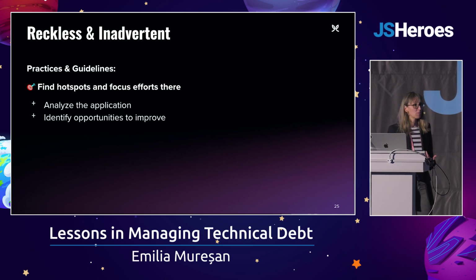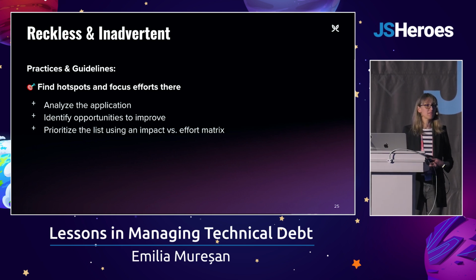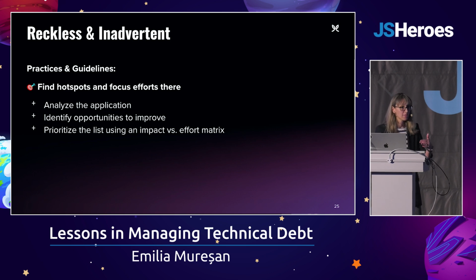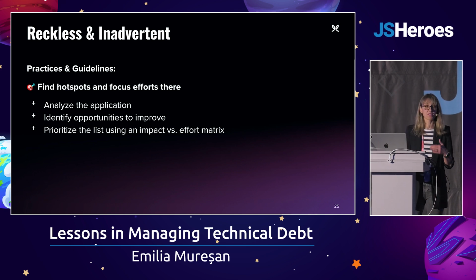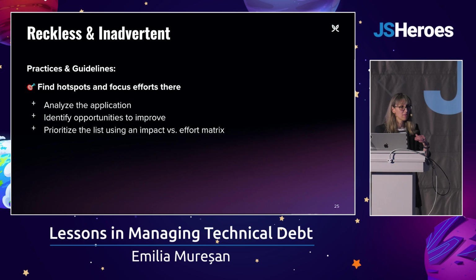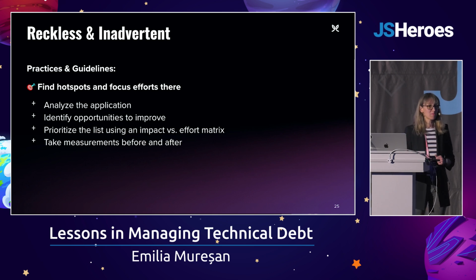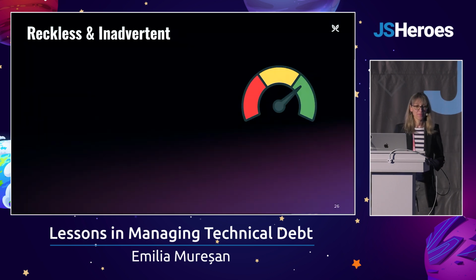So you have to analyze the application, identify the opportunities to improve, and prioritize the list using an impact versus effort matrix. Maybe there are some low-hanging fruits available that are low effort and high impact. Those should be done first. Of course, take measurements before and after.